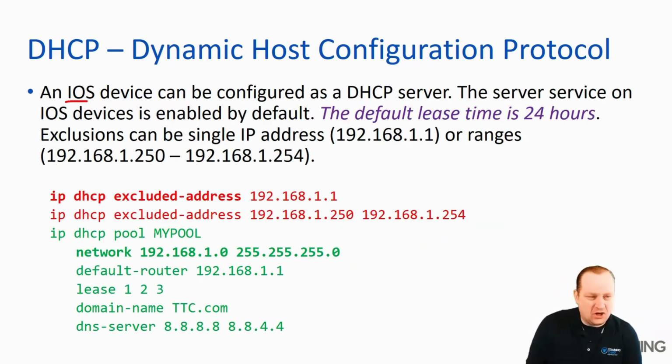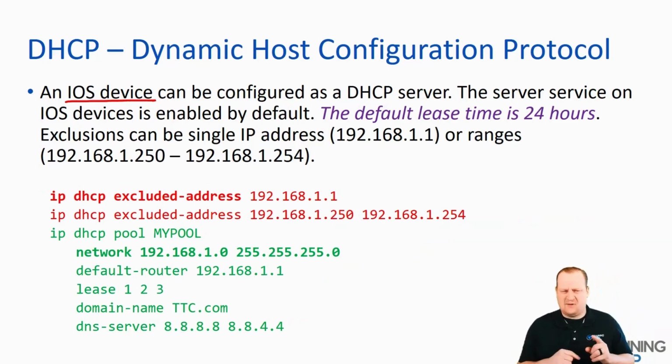Now, all of the Cisco devices that run the IOS operating system, that's not lowercase i, by the way, that'd be iPhones, but capital IOS, this operating system is the lifeblood of Cisco. All Cisco devices that use it can be DHCP servers, even a switch. You really only need usually one on your network, though.